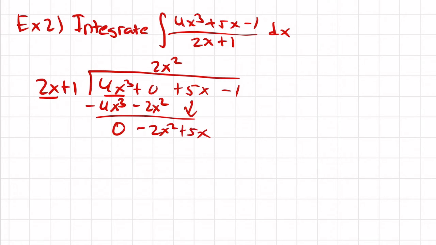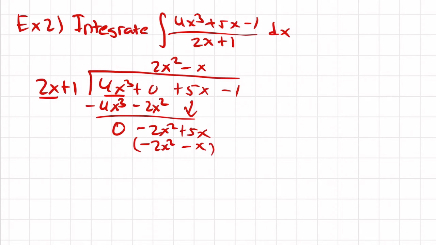Next, we need to find a number that multiplies with 2x to give me negative 2x squared. In this case, that value would be negative x. So we're going to multiply negative x times 2x plus 1. Negative x times 2x gives you negative 2x squared, and negative x times 1 gives you negative x.